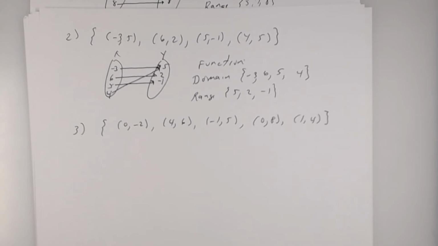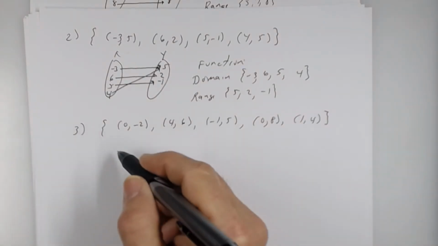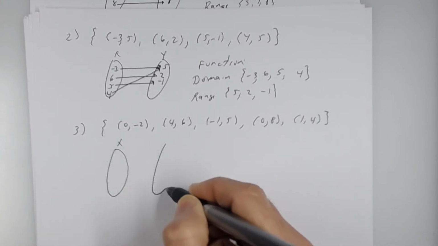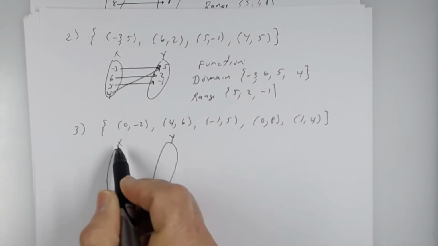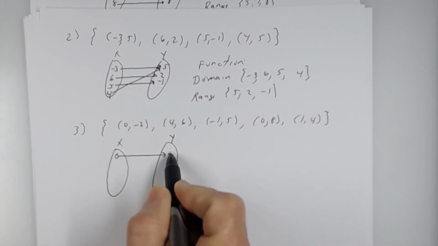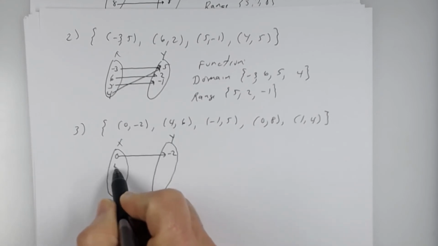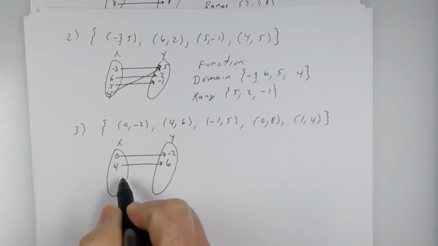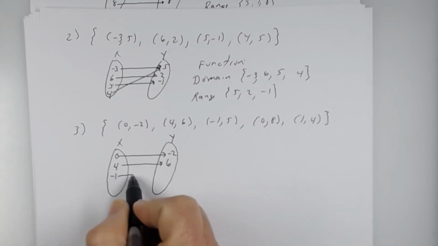All right, so let's determine if this relation is a function. So we can use a mapping. So my first ordered pair, when x is 0, what's my y value? -2. The next one, when x is 4, what's my y value? 6. When x is -1, what's my y value? 5.